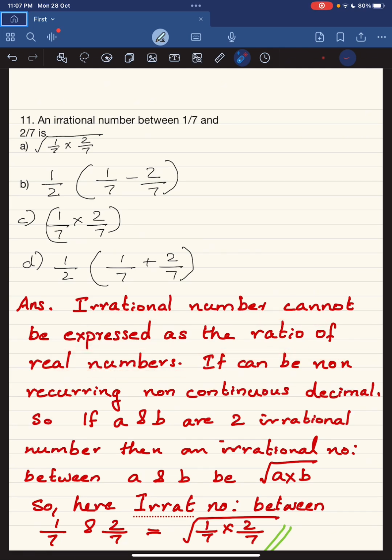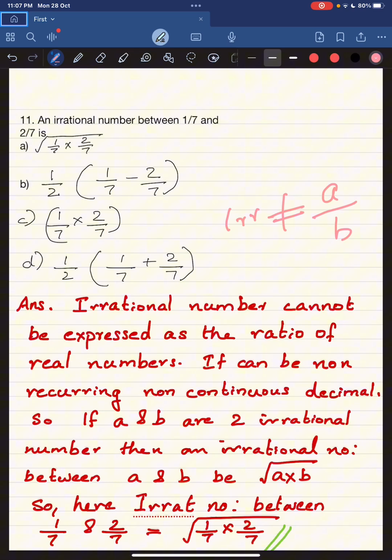It cannot be expressed as a fraction. A rational number can be expressed as a/b, but an irrational number cannot be expressed that way, where a and b are real numbers. But it can be a non-recurring, non-terminating decimal, right?